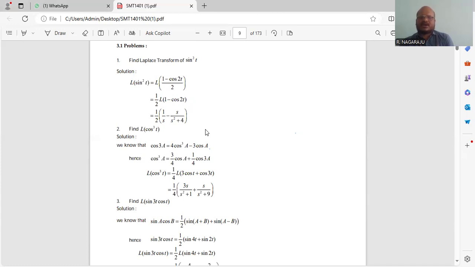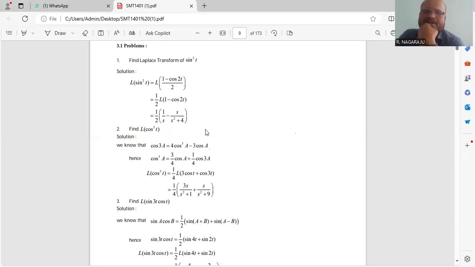For cos cube t, you can use cos 3a. The cos 3a formula is nothing but 4 cos cube a minus 3 cos a. From this you can find the cos cube t formula, that is nothing but 3 by 4 into cos a plus 1 by 4 into cos 3a. So here cos cube t is equal to 1 by 4 of L of 3 cos t plus cos 3t.